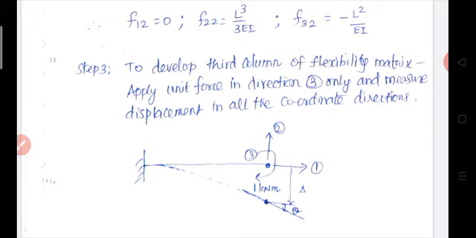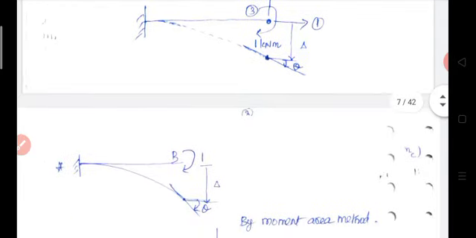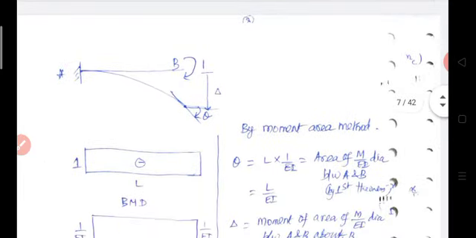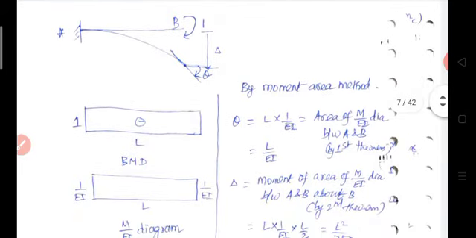A clockwise moment applied at the free end means the beam rotates in the clockwise direction, the vertical displacement is in the downward direction, and there is no horizontal displacement. Once again use the moment area method to determine the values of theta and delta.